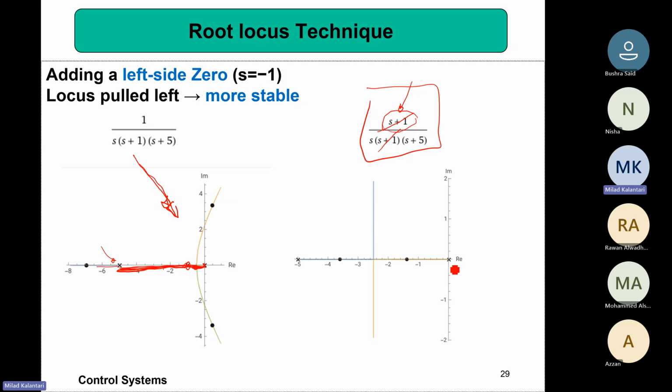And then what is drawn here is basically, once you put it there, the root locus will build something like this, right? Right, so it seems that putting the left-hand side zero makes the system more stable. Just a quick conclusion.